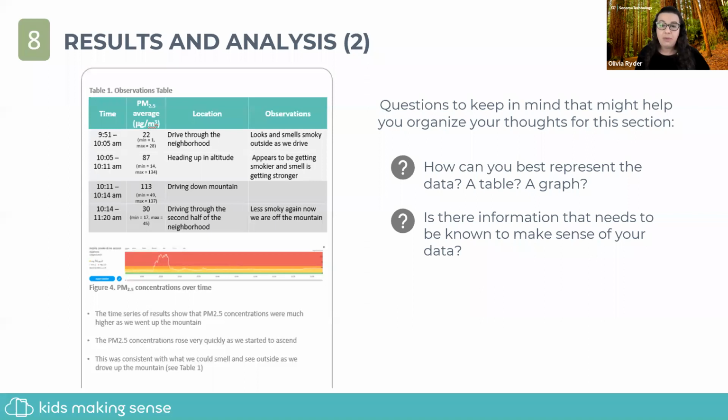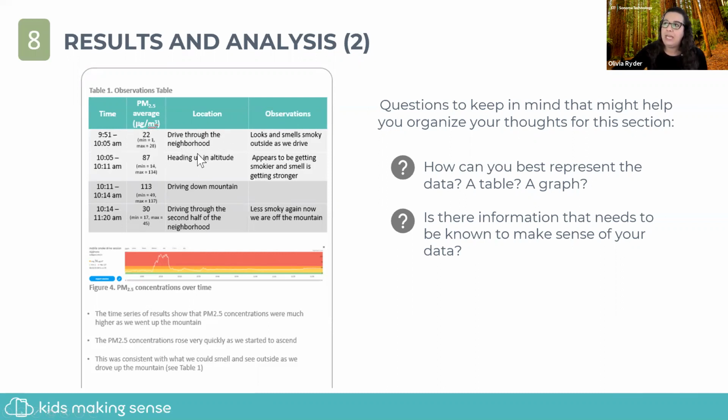And they also might want to consider including additional information that might help explain their results. So, for example, here we can see that an observations column was added to this table. They've included the time that they were measuring, what the average concentration of PM2.5 was during that time.